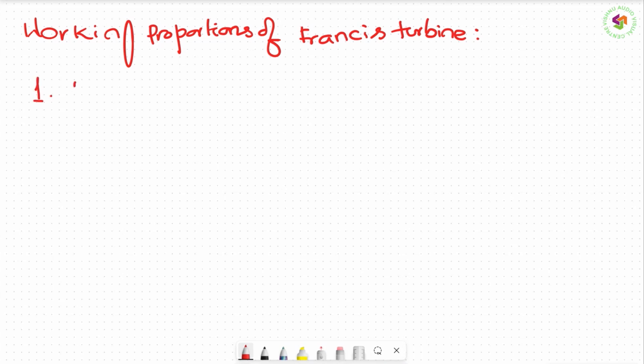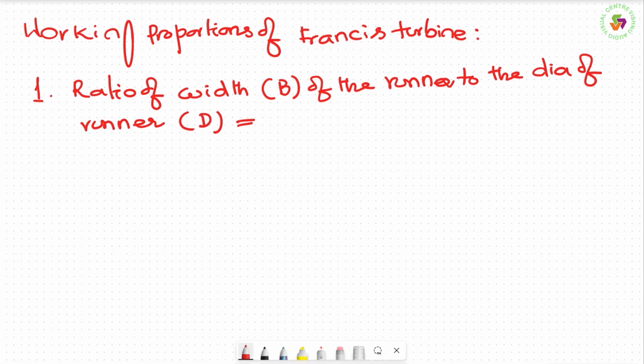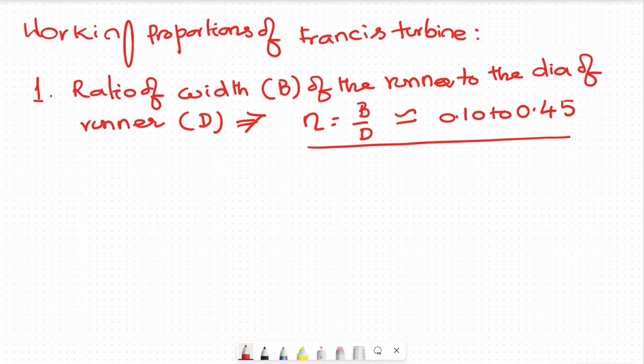Number one is the ratio of the width of the runner to the diameter of the runner. The width is always denoted by B. This ratio we call n, and n is equal to B by D, and it approximately varies between 0.1 to 0.45. This is the first point.